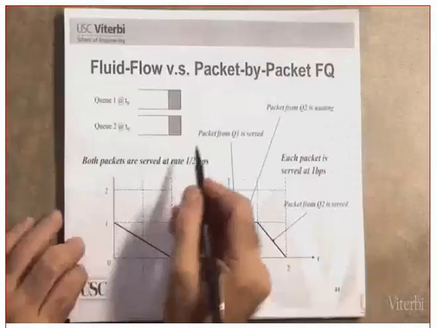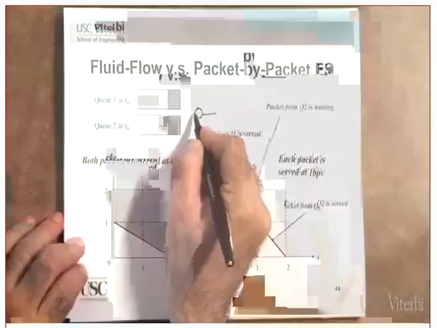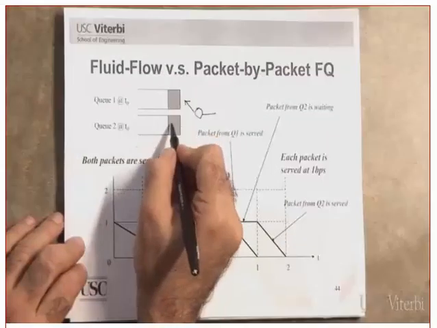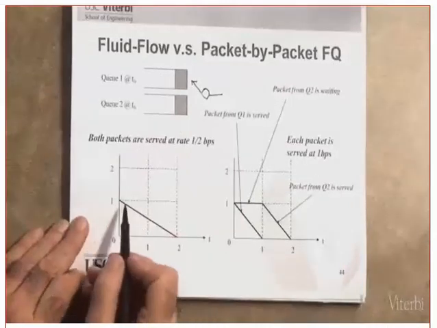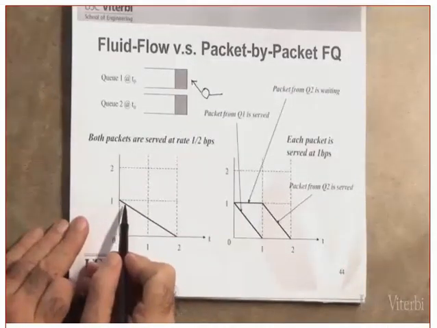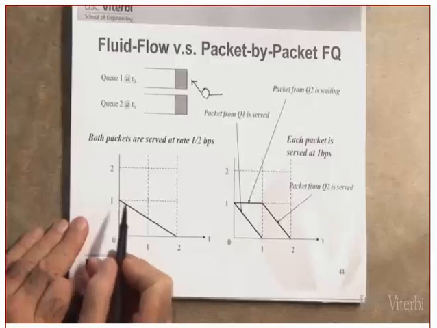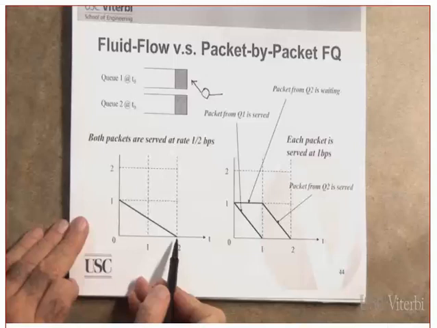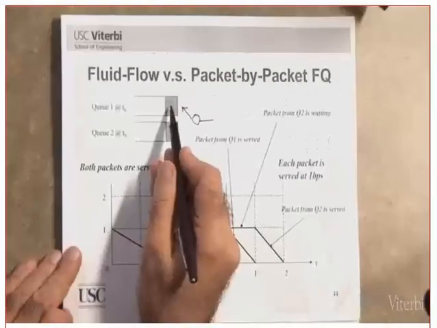In the case of the GPS, they are going to be served simultaneously, and both of them are going to finish at what time? In every round, every one of them will get half the capacity. So this one is 1 unit, this one is 1 unit, and the capacity is 1 unit. In every round, they get 1/2 unit. It means both of them will finish at 2. Clear? Both of them will finish at 2.